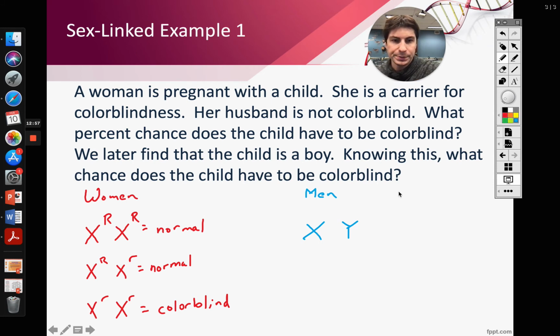Remember, I know I keep saying this, I apologize, but only the X is going to carry these traits for sex-linked inheritance. A male, X big R, Y, nothing. Okay? For this one, he's going to have normal vision. Males are not going to have two alleles for this because only the X is going to have that allele. X little r, Y, the male is colorblind.